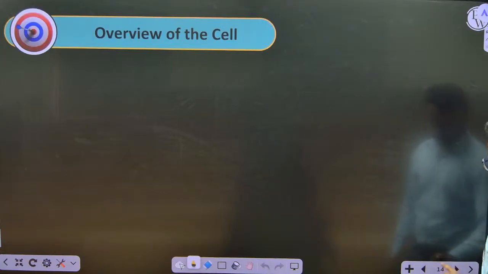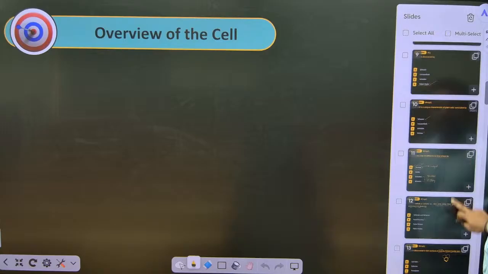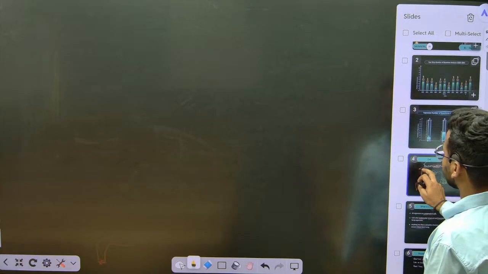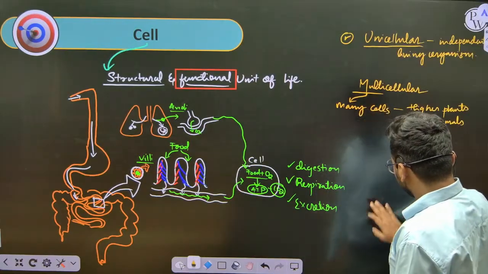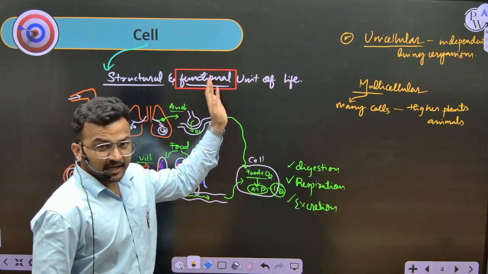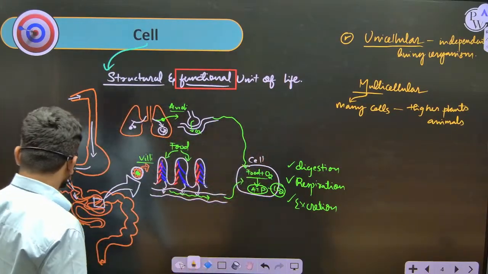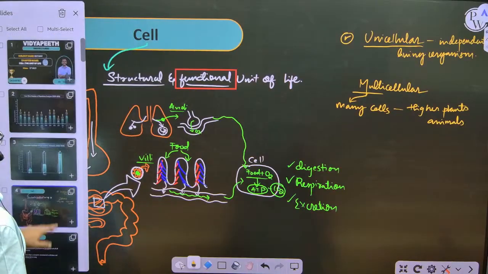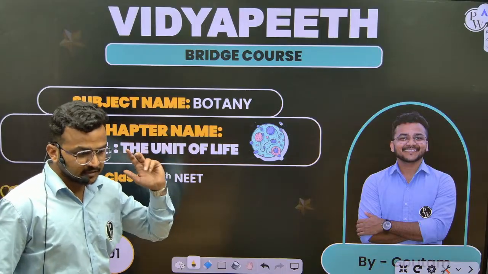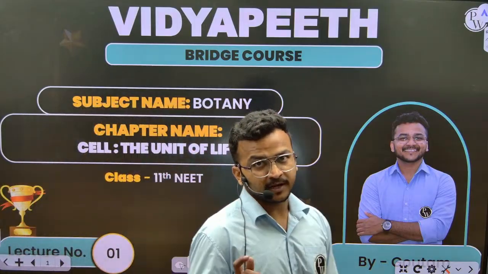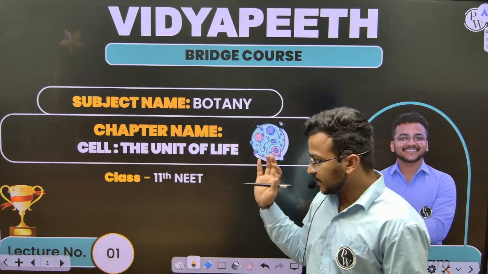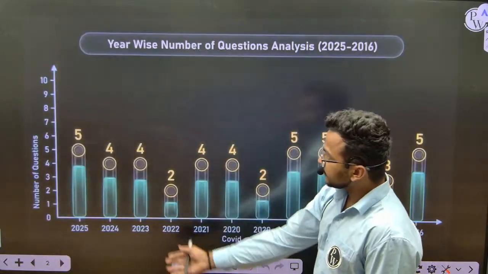Okay. Next, it is the overview of this cell theory, what we have discussed so far. So far, we have discussed what is a cell. The chapter which we have taken is Cell: The Unit of Life, chapter 8 of the 11th standard. Under this we have seen the year wise analysis.